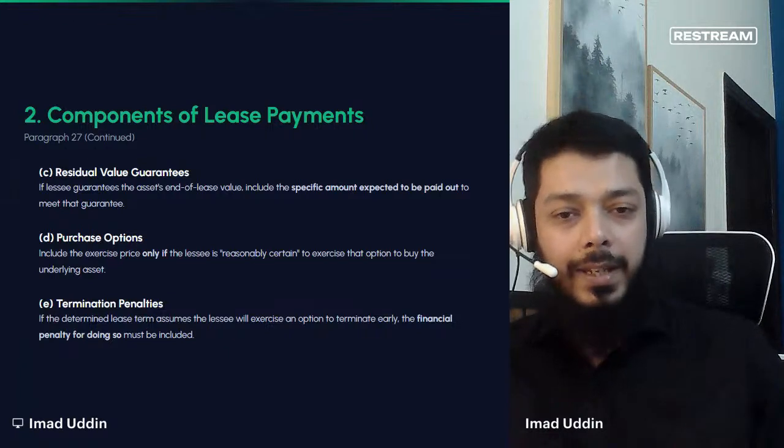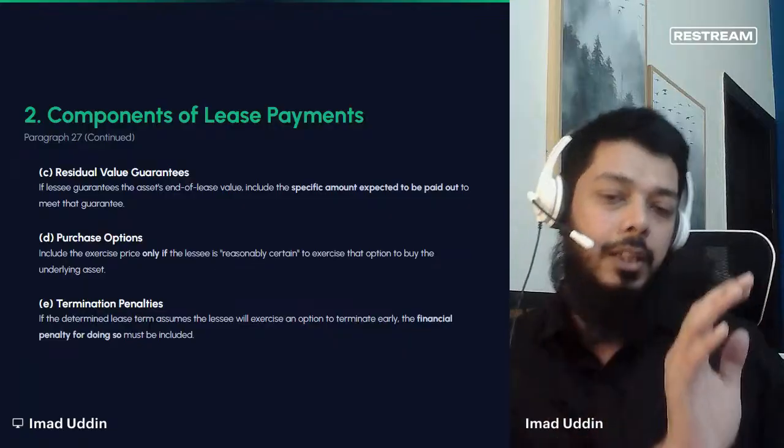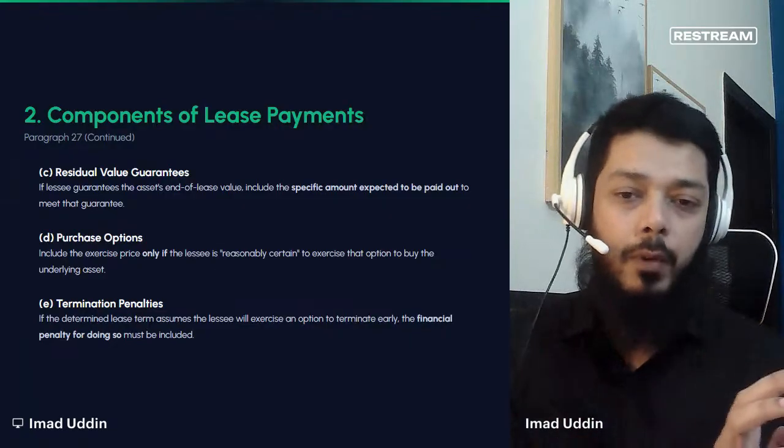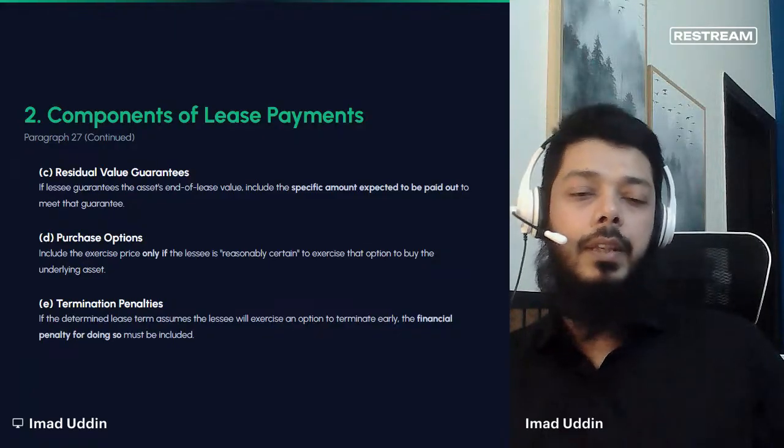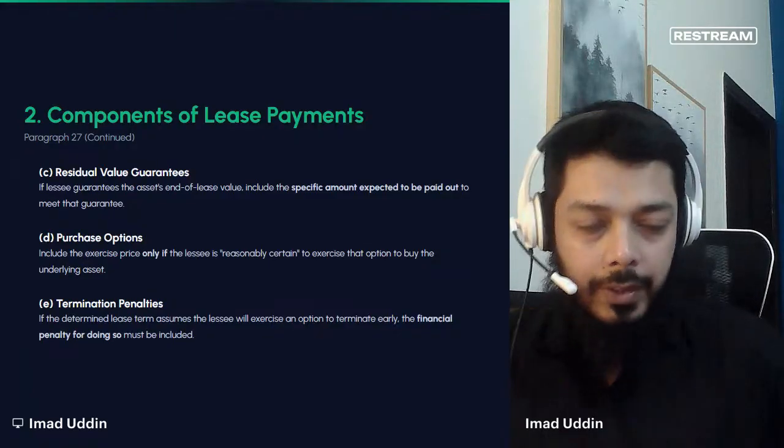And in that case, we are talking about the expected amount of payment to be made to the lessor rather than any contractually fixed amount.